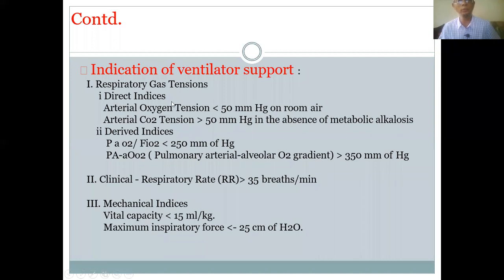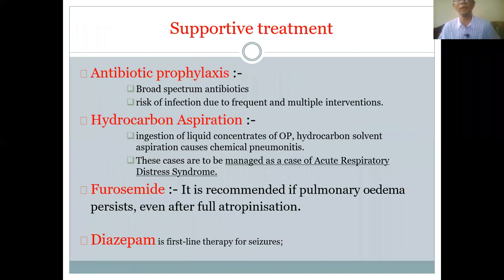These are the indices for ventilatory support. Clinically, if the respiratory rate is more than 35 breaths per minute, then also you have to think they may need ventilatory support. And mechanical indices: vital capacity less than 15 ml per kg, or maximum inspiratory force less than minus 25 cm of water. These are the indicators where the patient may need ventilatory support, and even intubation may be required.